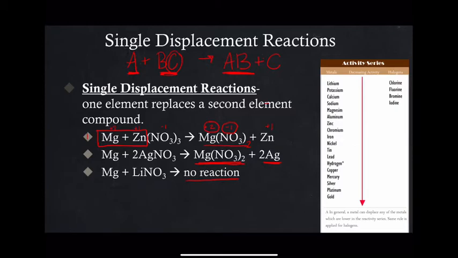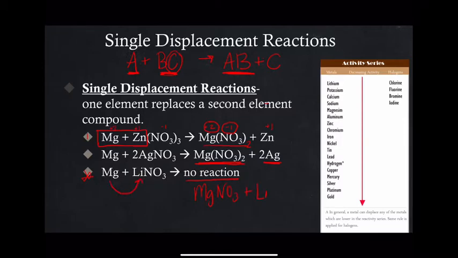We have this diagram, which you will want to reference in single displacement reactions, which shows the activity series, okay? If an element is lower on the list, it is not going to replace one that is higher on the list. So if this third one here, we're going to do a single displacement, what you would get would be MgNO3 plus lithium.